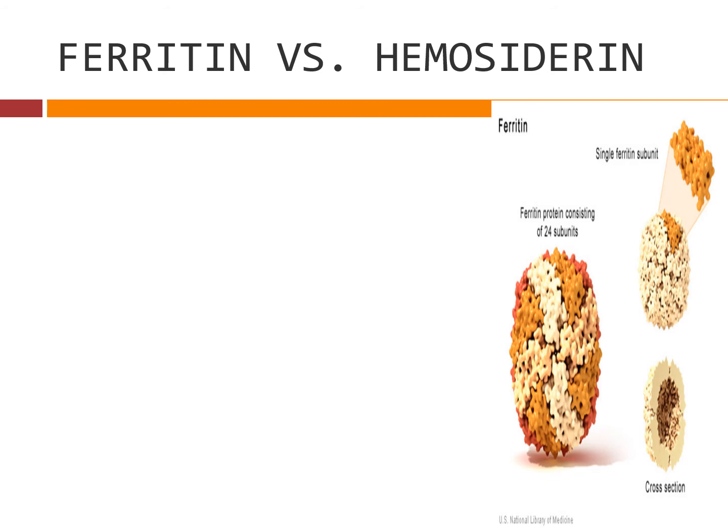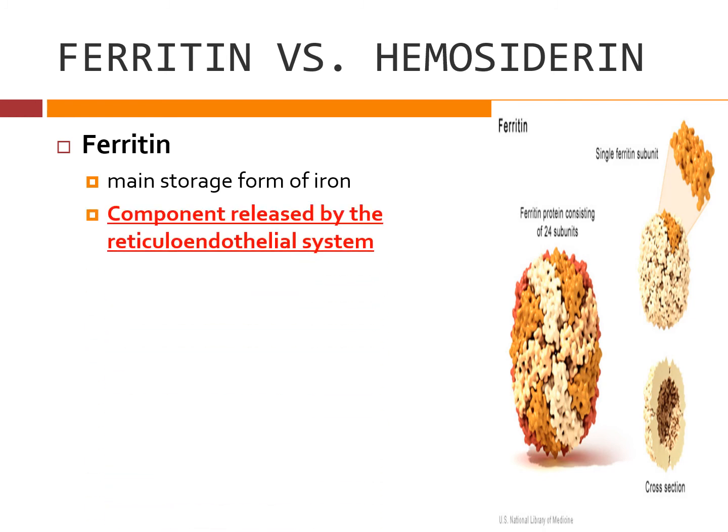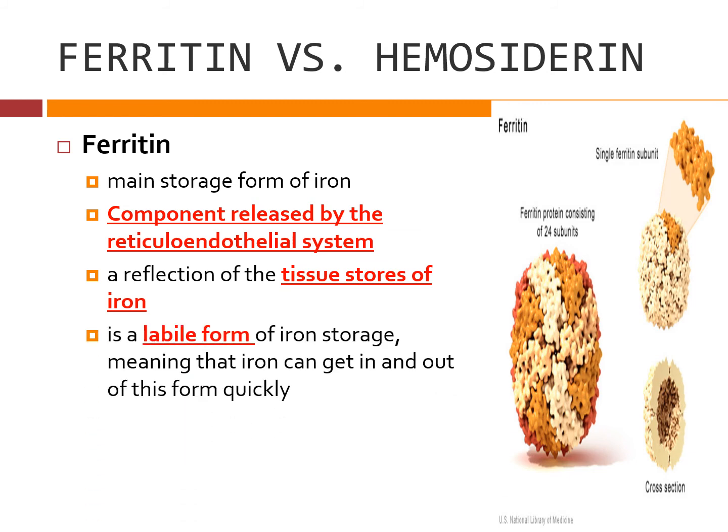What's the difference between ferritin and hemosiderin? Ferritin is the main storage form of iron in the body, and its component is released by the reticuloendothelial system, reflecting tissue stores of iron. It is a labile form of iron, meaning the iron can get in and out of this form.